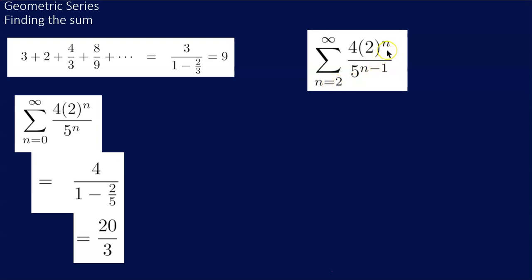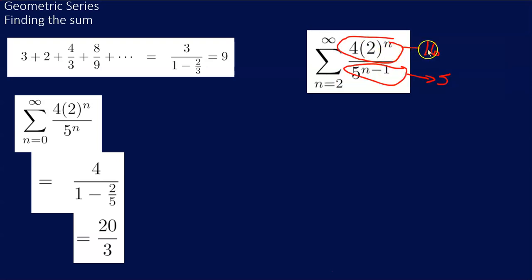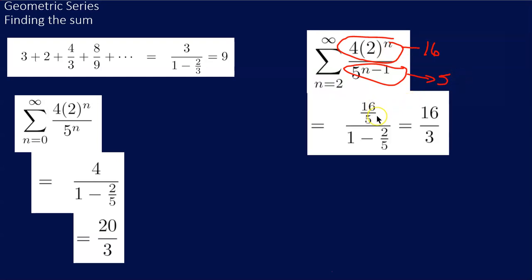That was kind of a tricky move on my part, but that's okay. Let's plug it in. So if n equals 2, I have 2 to the 4th is 16 on top. Down here, I have a plain old 5. So the first term has 16 on top and 5 on the bottom. I forgot I stuck that in there. So when I do the formula, I get 16/5 over 1 minus 2/5, which when you simplify, you get 16/3.